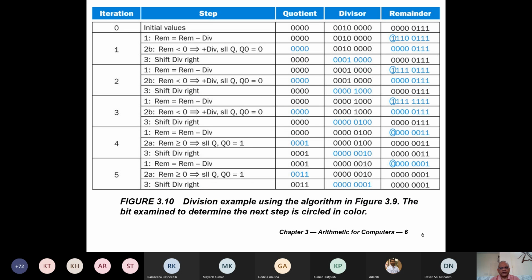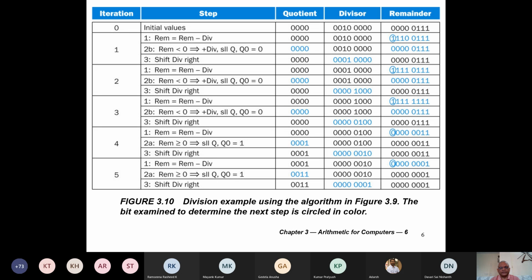Now, there is an example. This is the example of the book. And here, this is also an example with a 4-bit number given in the book. So here, the divisor is placed in the upper 4 bits of the divisor register. So the divisor is 0010 and the dividend is 0111 placed on the left 4 bits of the remainder register.